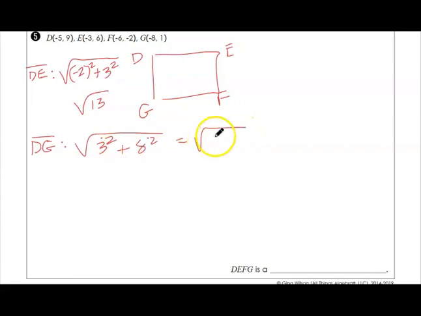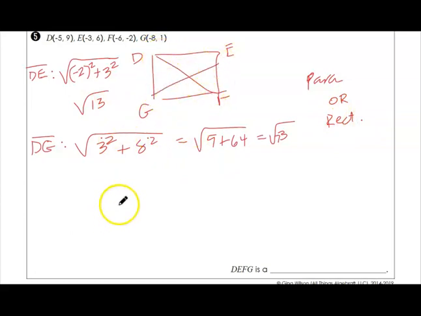The square root of 9 plus 64, which is the square root of 73. So we are dealing with either a parallelogram or a rectangle. And the diagonals will tell us which one. That's a terrible diagonal there.